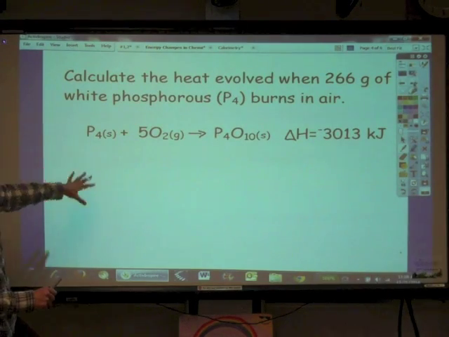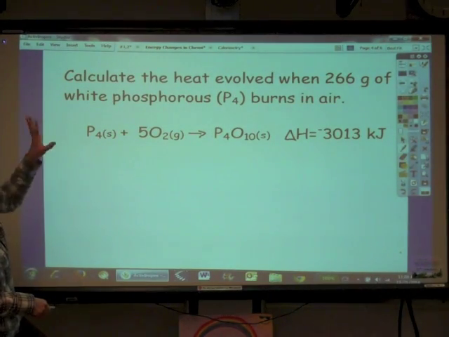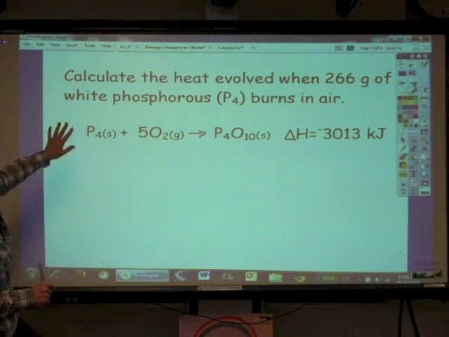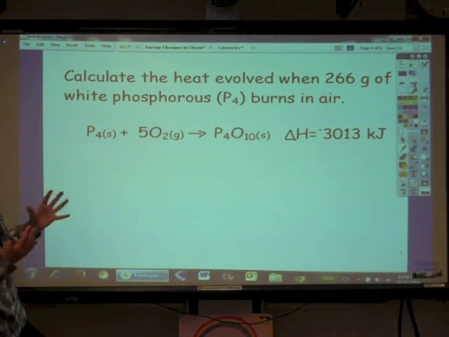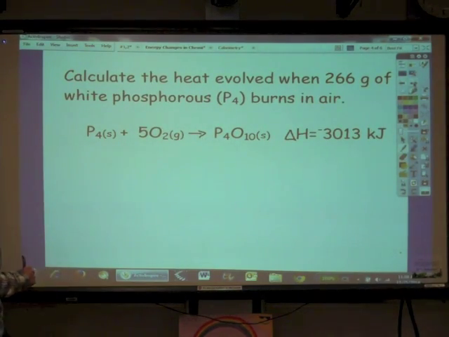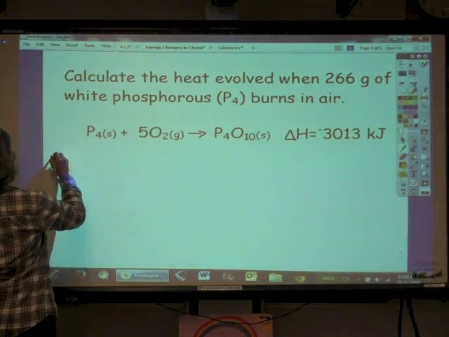All right, so let's do the math for this thing. We want to know how much heat, how much energy is associated with burning 266 grams of this stuff. Our balanced equation gives us the number of pieces here, not anything about grams. So the first thing we need to do is convert grams of phosphorus to moles of phosphorus before we can do anything.